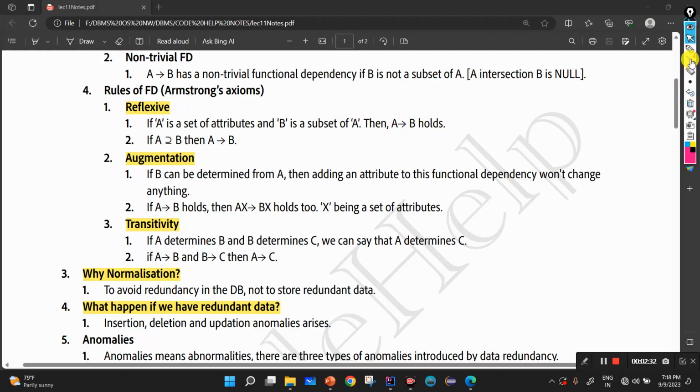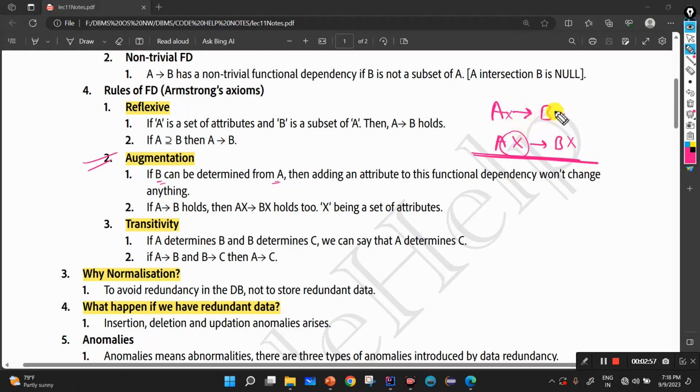Got the point? Now next is augmentation. Augmentation means if A can determine B, then adding an attribute to the functional dependency won't change anything. If we add some other attribute like X on both sides, then there is no change, and X is just another attribute.